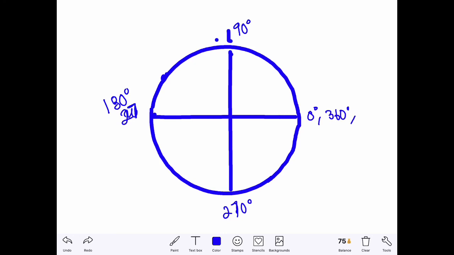Now corresponding in radians, that would be 0, pi halves at 90, pi at 180, 3 pi halves at 270, and back here to 2 pi. Radians and degrees.